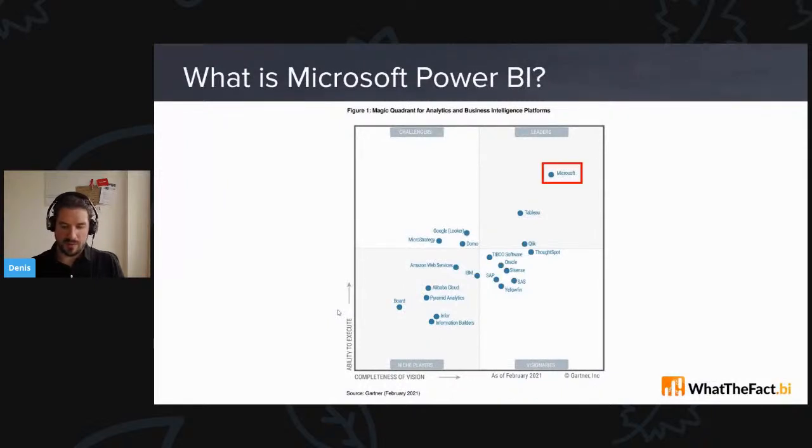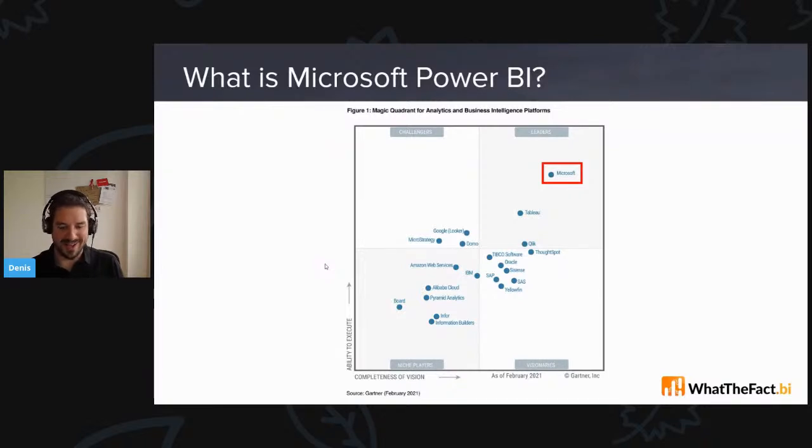Microsoft is one of the leaders. This is the Gartner Magic Quadrant for analytics and BI platforms. For everyone who doesn't know it, the company Gartner puts the different companies into different categories. We have two axes. The x-axis is the completeness of vision, and the y-axis is the ability to execute.